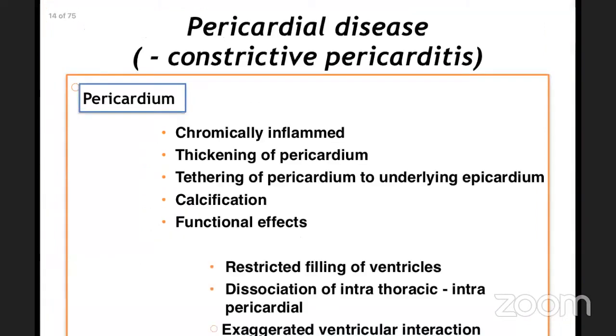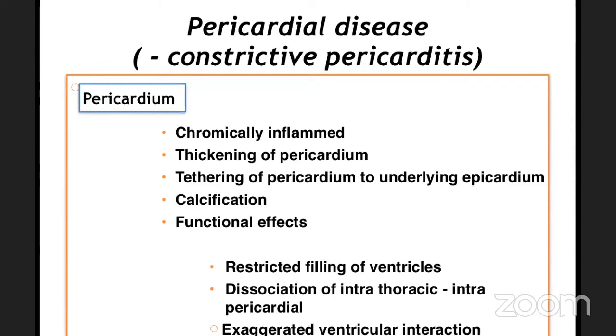So now what happens in constrictive pericarditis? It is worth remembering that the pericardium is chronically inflamed, leading to thickening of the pericardium and tethering of the pericardium to the underlying epicardium. It is this tethering of the pericardium to the underlying epicardium that has some diagnostic features when we come back to the diagnosis of constrictive pericarditis.